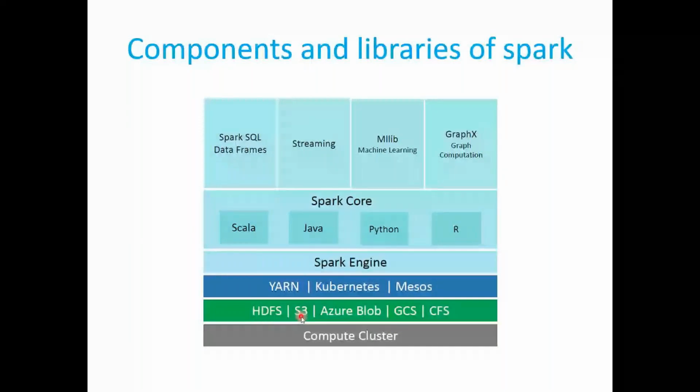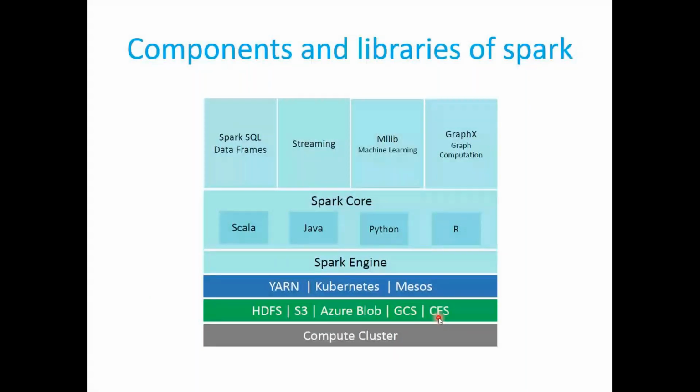If you're using Azure Cloud, you can store your big data on Azure Blob. If you're using Google Cloud, you can use Google Cloud Storage. And if you're using a NoSQL database such as Cassandra, you can store your big data on the Cassandra file system.